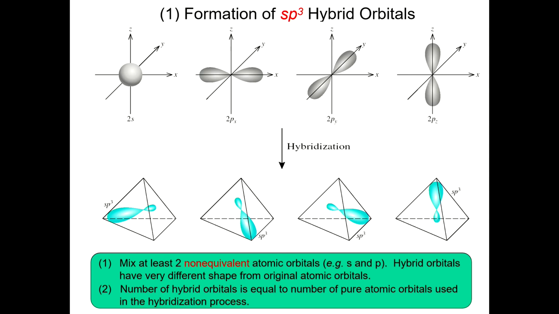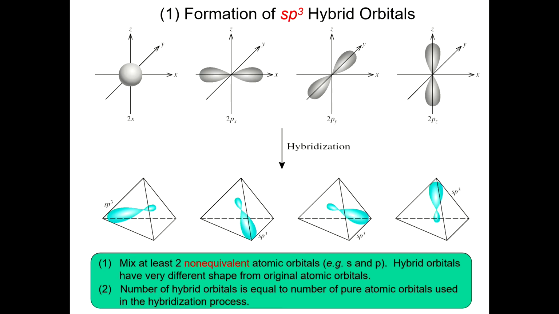You can't mix two P, and you can't mix two S orbitals. You can mix S, P, or P, D. And also, we know the number of hybrid orbitals is equal to the number of pure atomic orbitals.